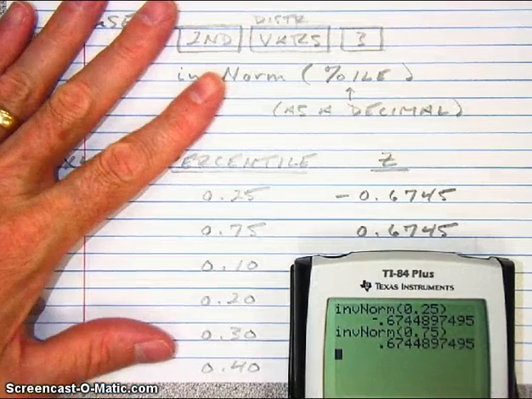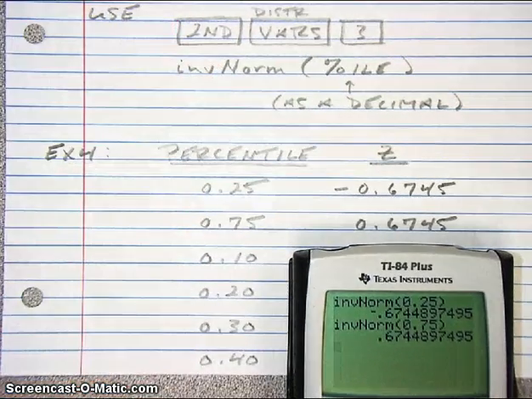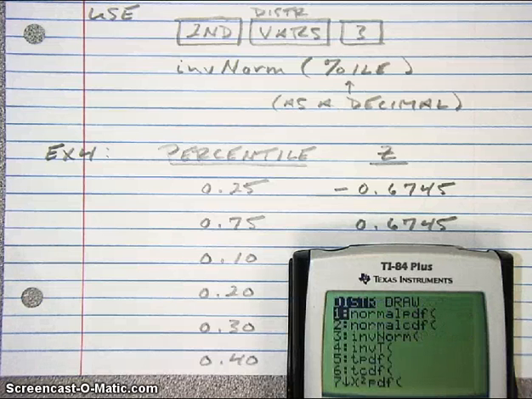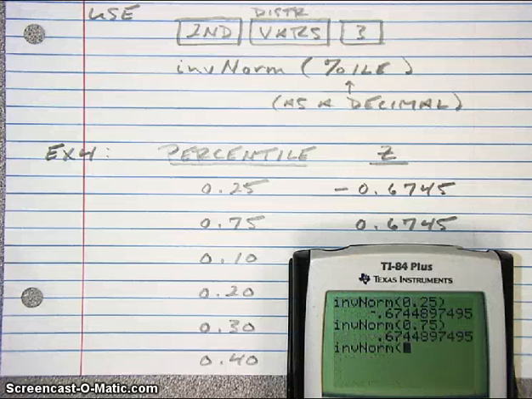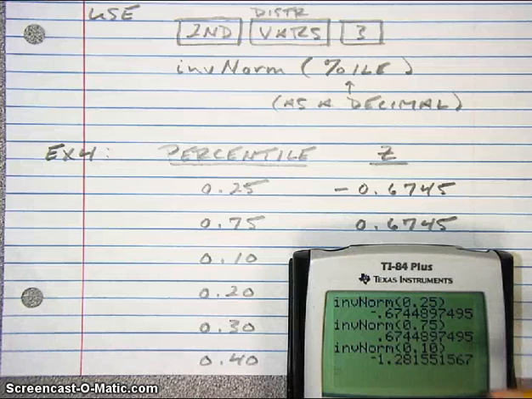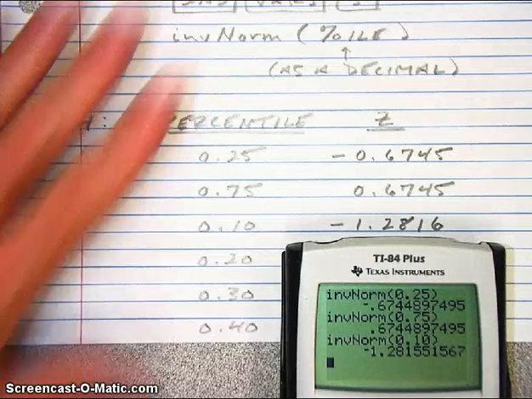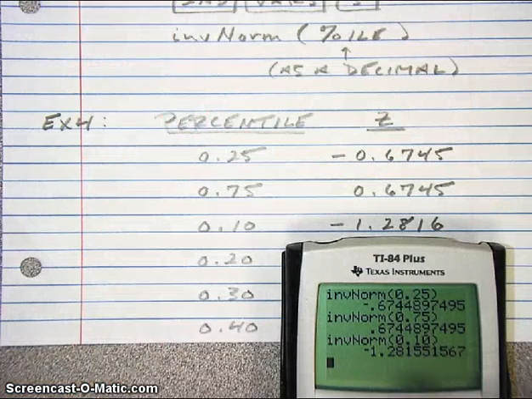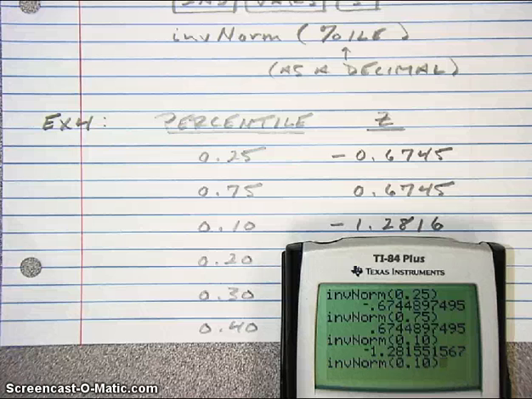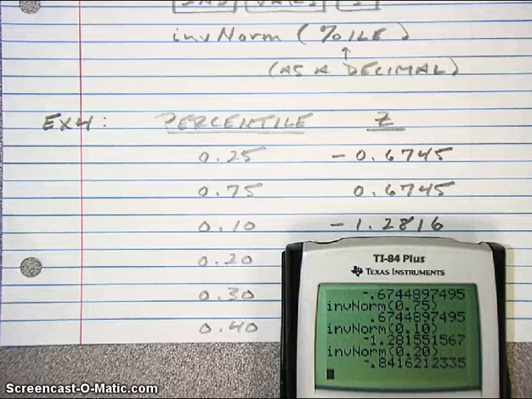Now you can find other important percentiles under a normal distribution. The 10th percentile you get by going second vars 3, and then you type in 0.1, and you get negative 1.2816 approximately. The 20th percentile, same thing. You can recall that command and just replace the 10 with the 20, and you get negative 0.8416.